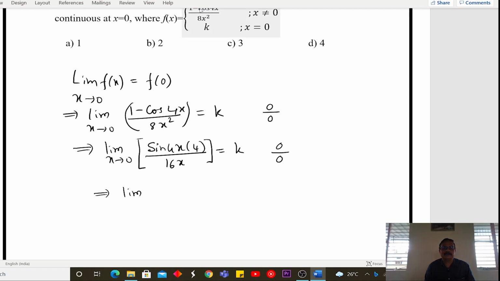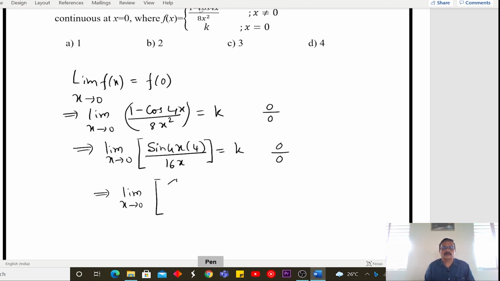Again it is in the form 0 by 0, right? Now once again differentiate numerator and denominator separately using L'Hospital rule. So 4 constant, derivative of sine 4x is cos 4x into derivative of 4x is 4, divided by derivative of 16x is 16, is equal to k.